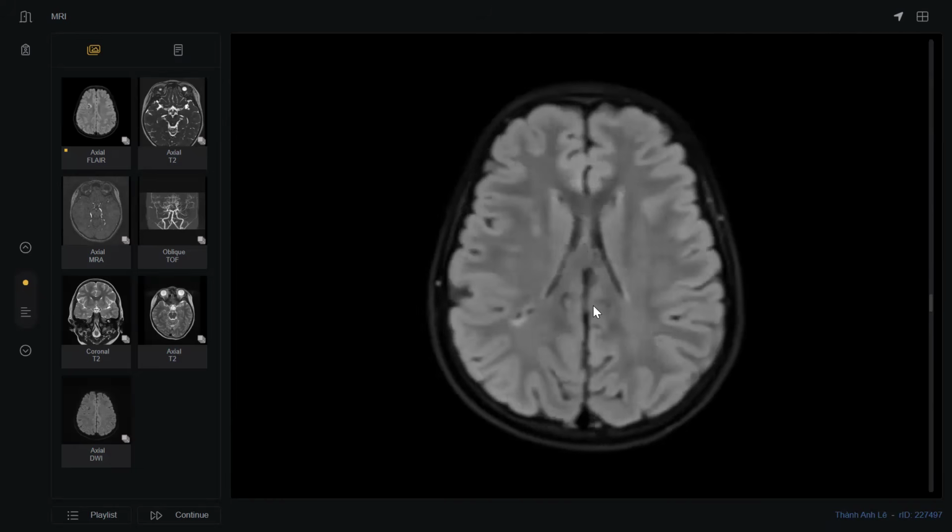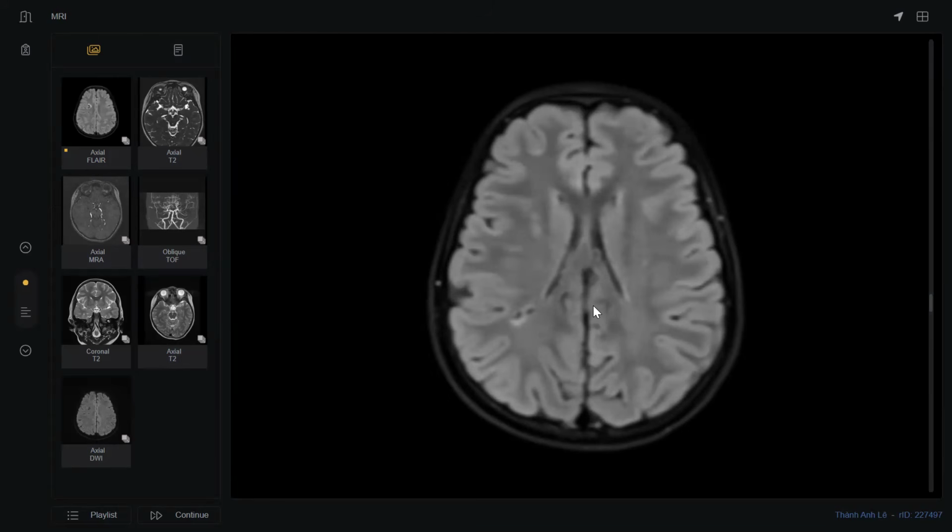So I would like to correlate with the clinical presentation. If it is acute, then I would consider the first option. And to take it further, I would like to have DWI or correlate with other images.